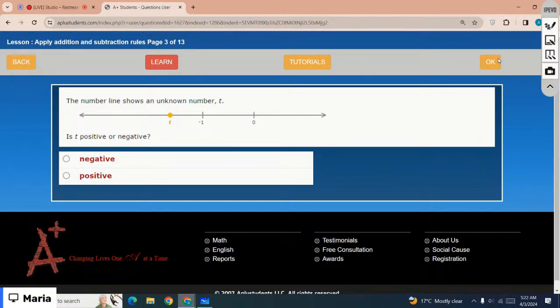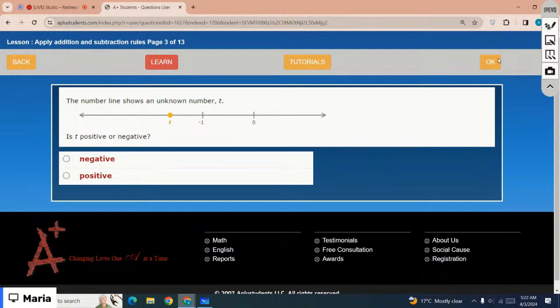The number line shows an unknown number d. Is d positive or negative? Which is the correct option? T is on the left hand side of 0, right?